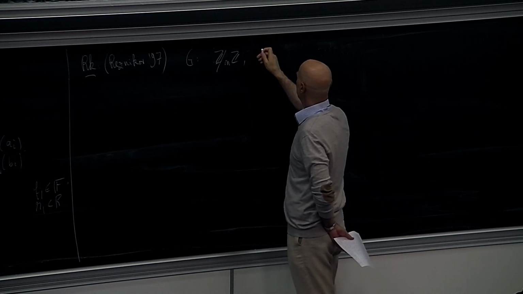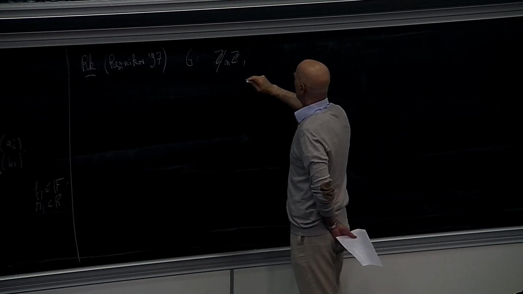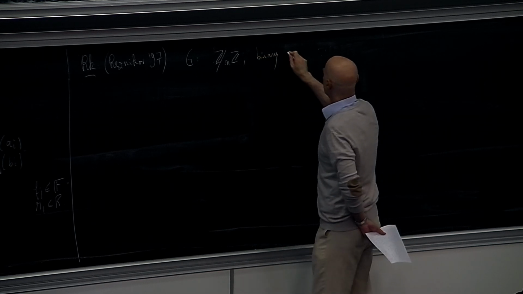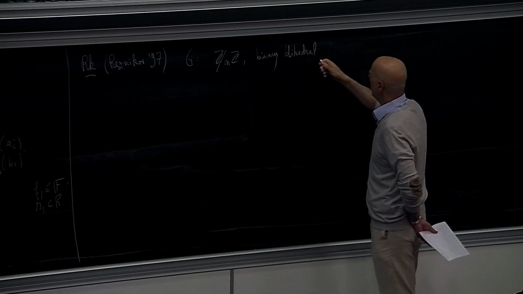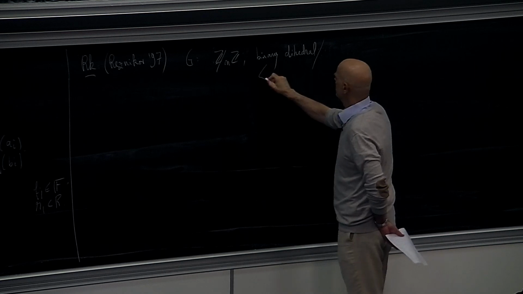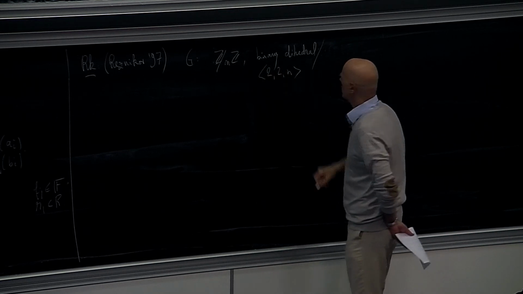Well, G could be the binary dihedral group of order 4n. This is the (2,2,n) group in the Coxeter notation.